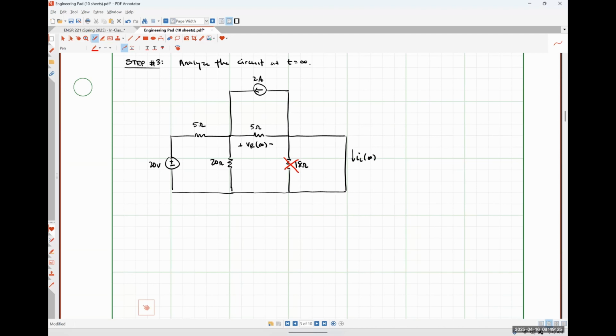So how are we going to solve this circuit for IL or VR? Mesh. Sure, why not? So let's say that this is mesh current I1.